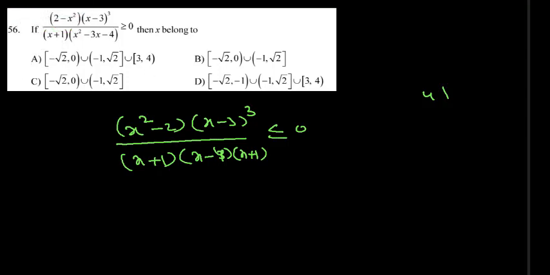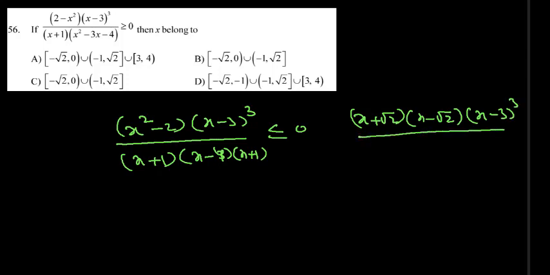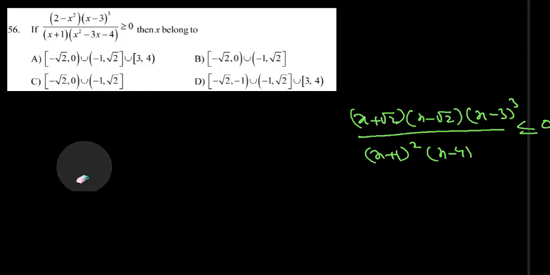Okay, so in other words I can write this one directly. Listen, here I will write x plus root 2 into x minus root 2, into x minus 3 cube by x plus 1 square, into x minus 4 is lesser than or equal to 0. Now I can find its solution by using variable method or sign method.